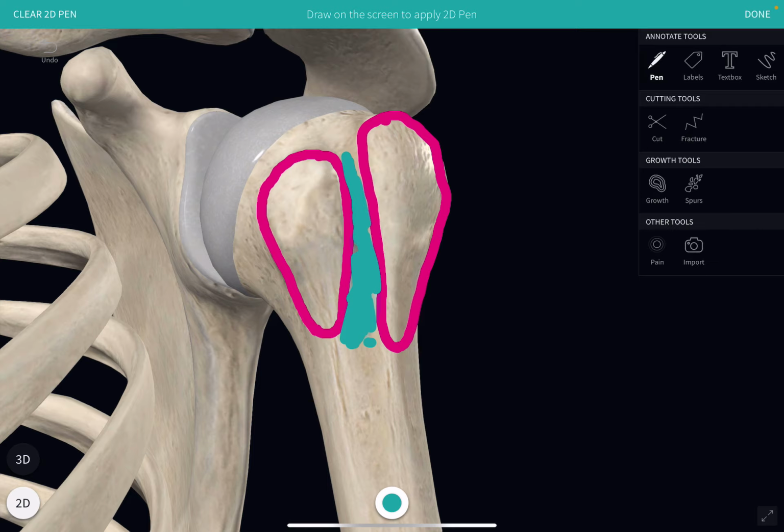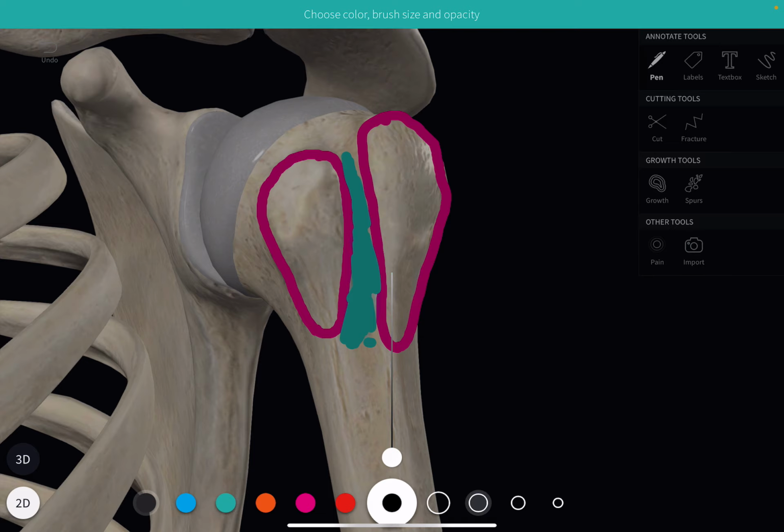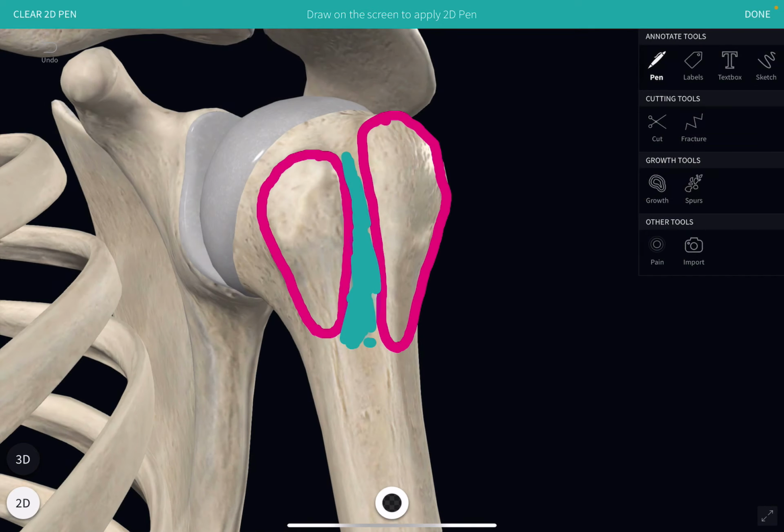Because it is between the lesser tubercle and the greater tubercle. The region highlighted in blue color is the intertubercular sulcus, and it becomes continuous with the anteromedial surface of the shaft of the humerus.